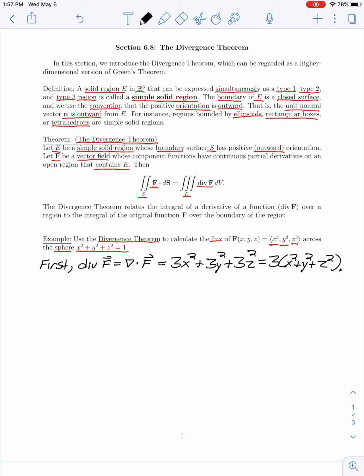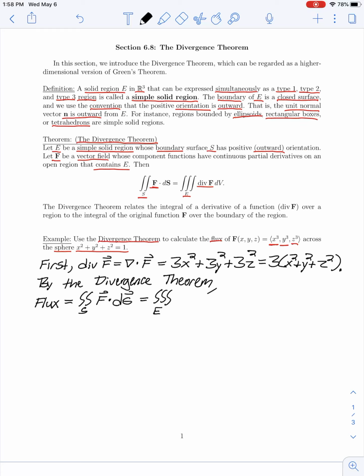Now, applying the divergence theorem, the flux that we're interested in, which would be the surface integral over the surface S, which in this case is the unit sphere, of our vector field, is equivalent to the triple integral over the solid region E enclosed by that unit sphere.